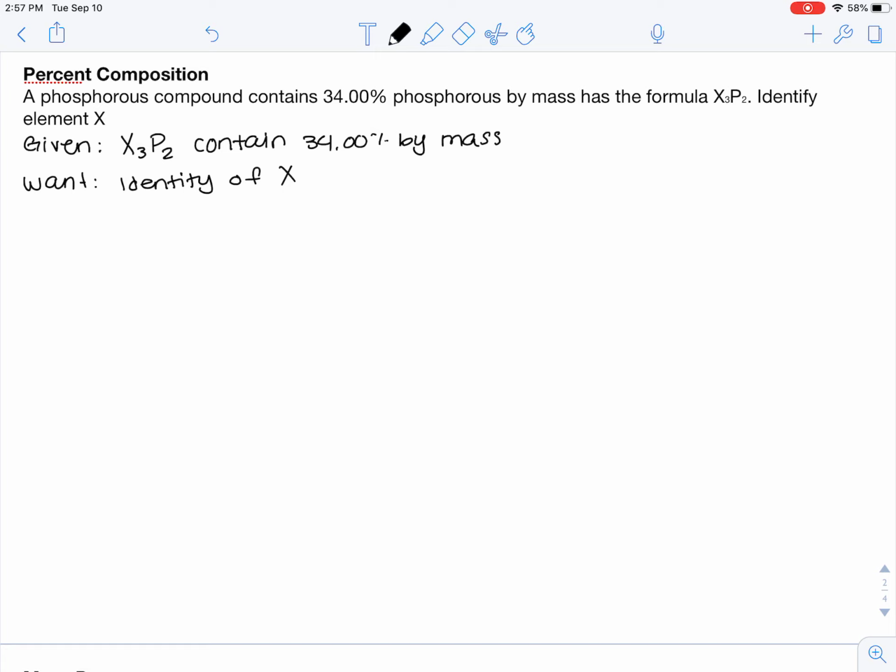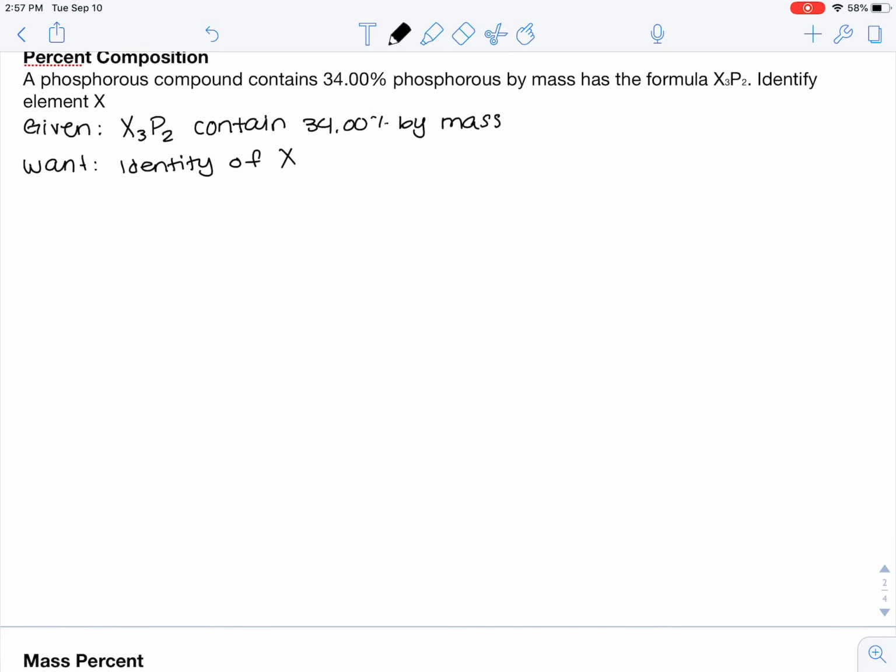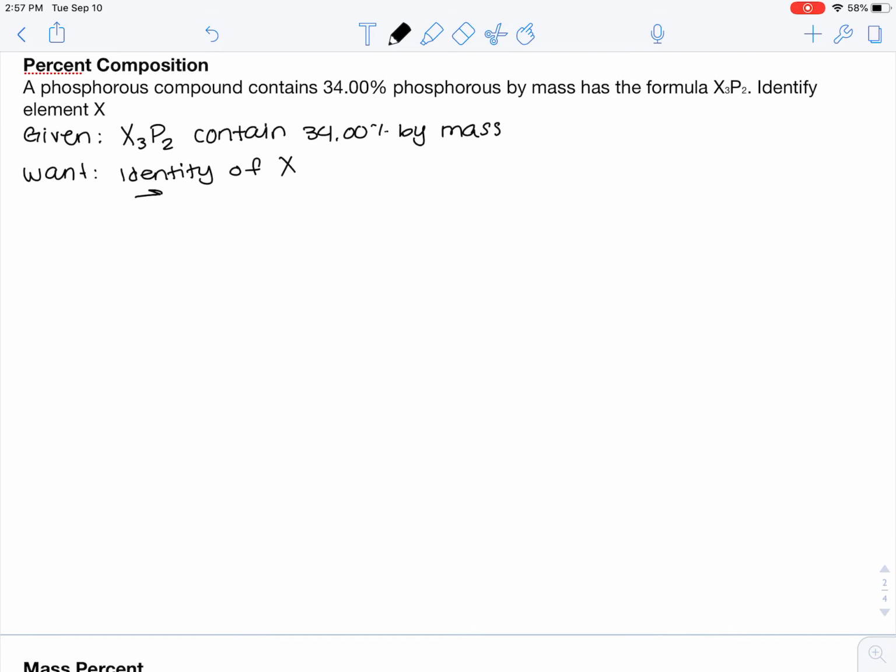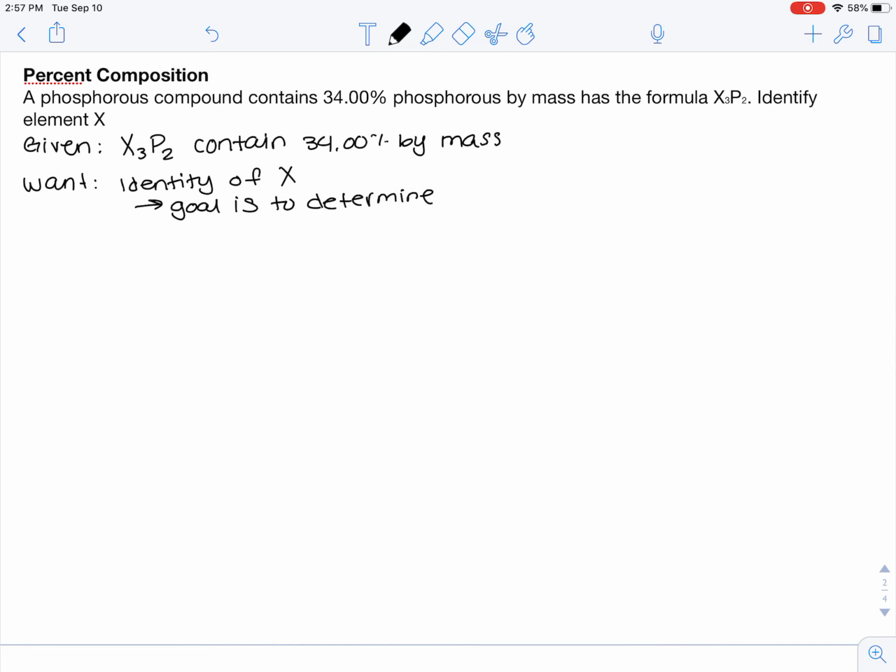So we want to identify the molar mass, we want to identify X. So our goal is to find the grams per mole, the molar mass of X. Okay, so before we do that, let's figure out what we know and what everything means.